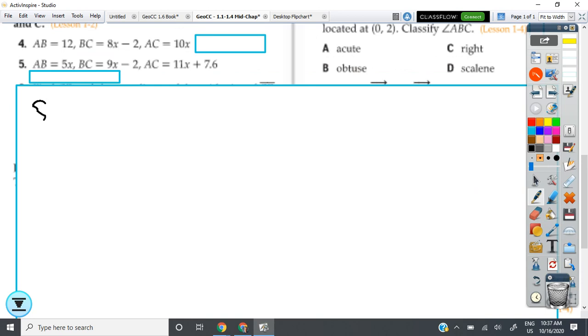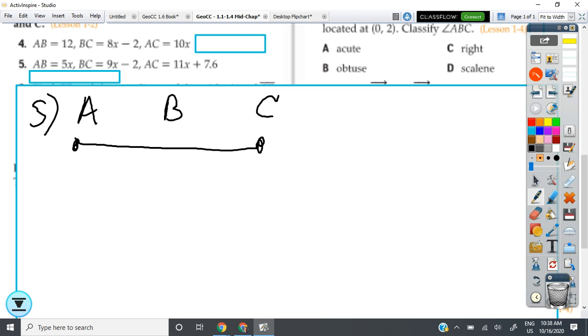Okay, here we got it with number 5. Again, we have A. I'm going to spread it out a little bit here. B, C. Okay, A, B. I'm going to do it labeled a little different this time.